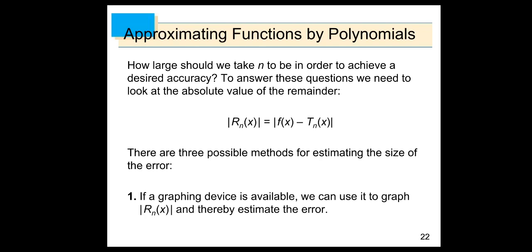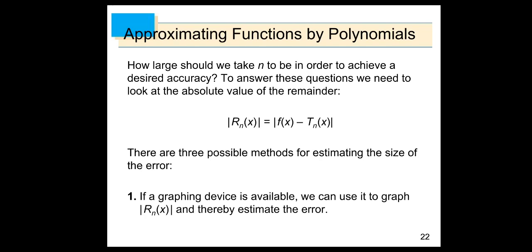To answer these questions, we have to look at the absolute value of the remainder, r sub n of x equals f of x minus t sub n of x.